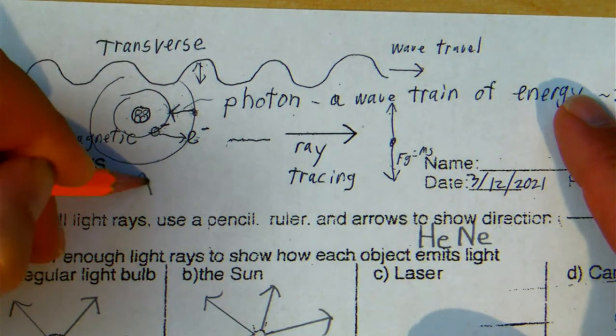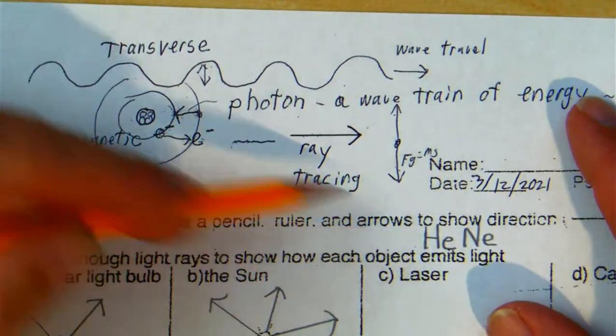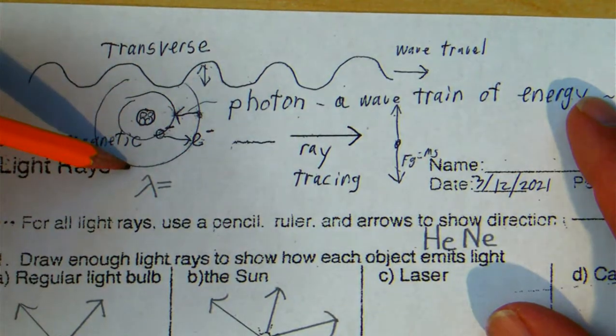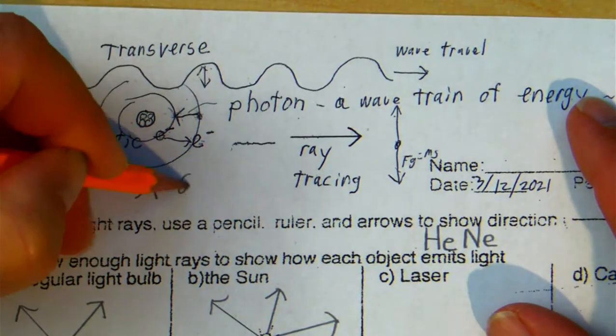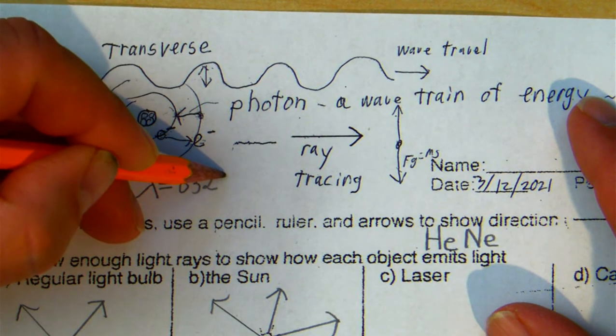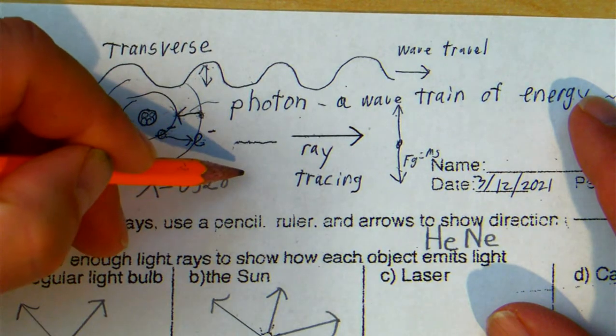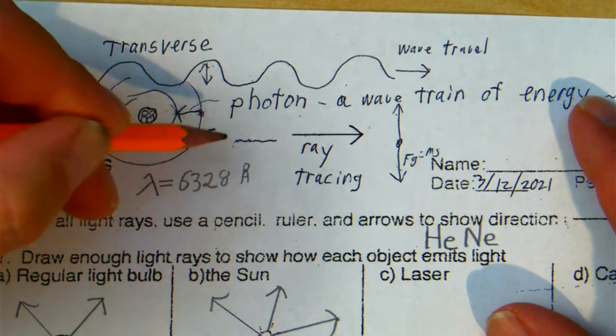And so the wavelength, which is an indirect way of measuring the energy of a photon, the wavelength is 6328, maybe, angstroms.